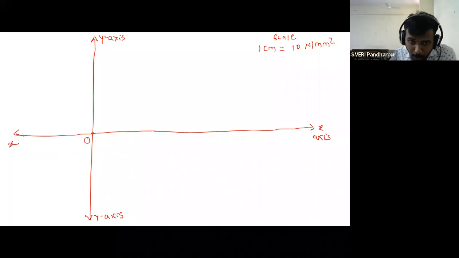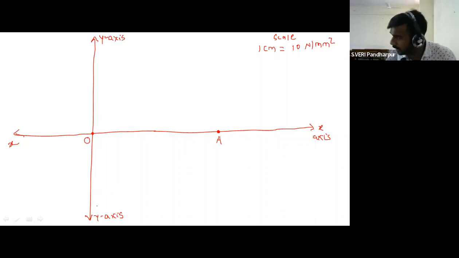So from this particular origin point, take 10 centimeter to the right side of the origin. Take 10 centimeter to the right side of the origin. From that origin point, take a point at 10 centimeter and represent this as a point A. From the right side of the origin, locate the position of sigma x as 10 centimeter.